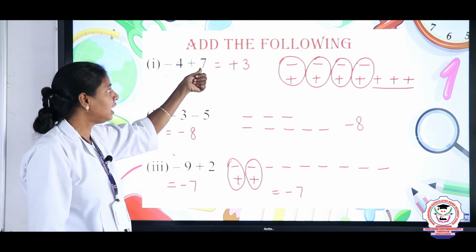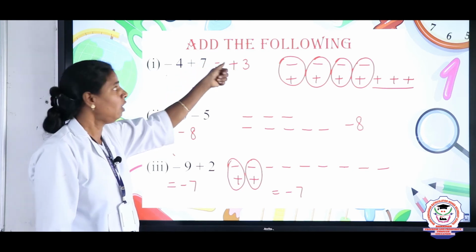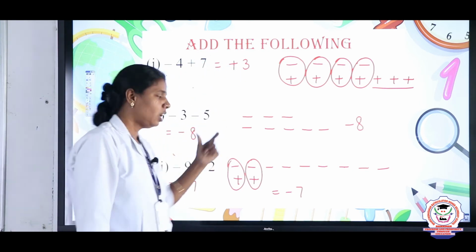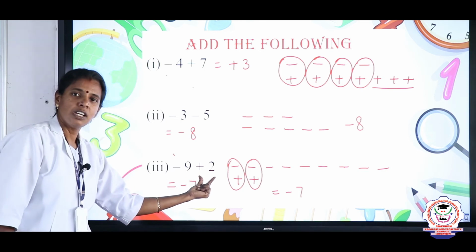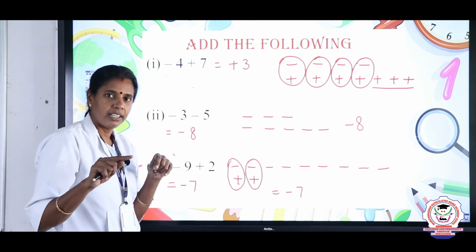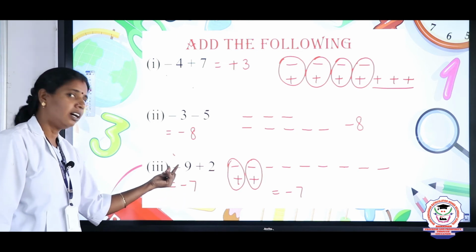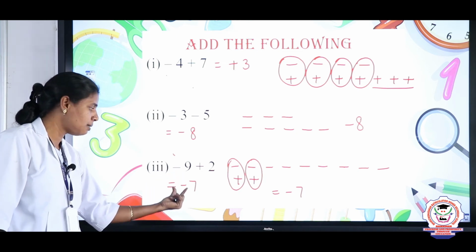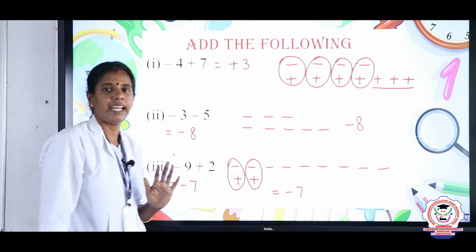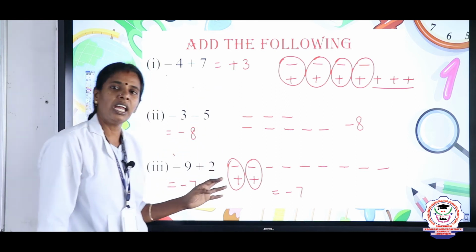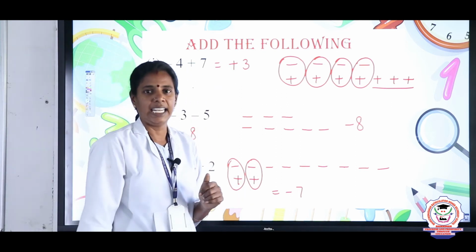Here 7 is greater and 7 is positive, so the answer will also be positive. And when one is negative and one is positive, I told you to subtract. So 9 minus 2 is 7, and 9 is greater. The sign of 9 is negative, so the answer is also negative. So using this rule only, we are going to solve integers.